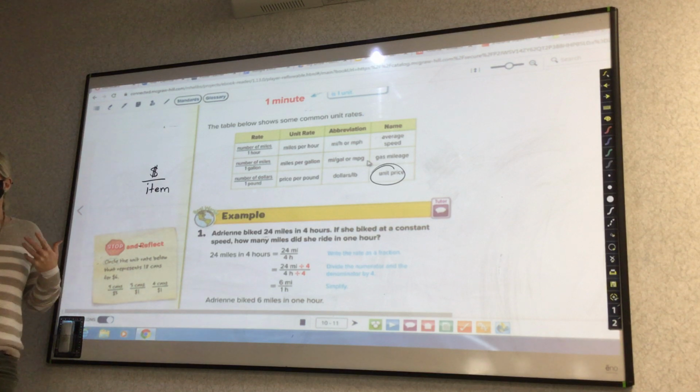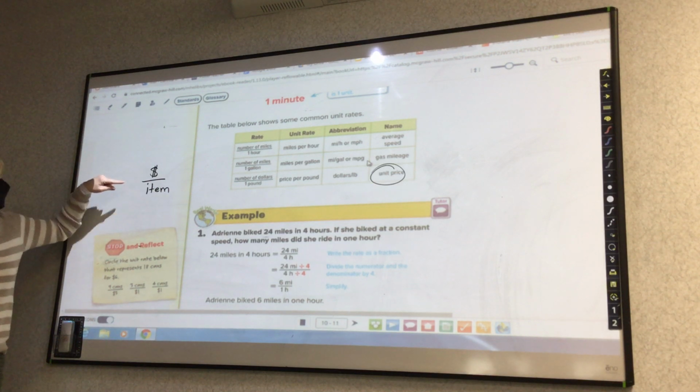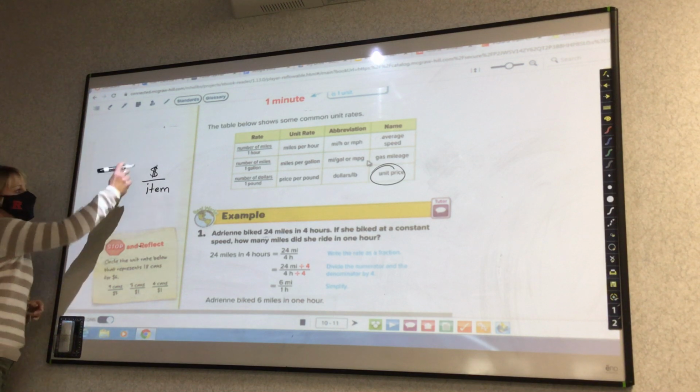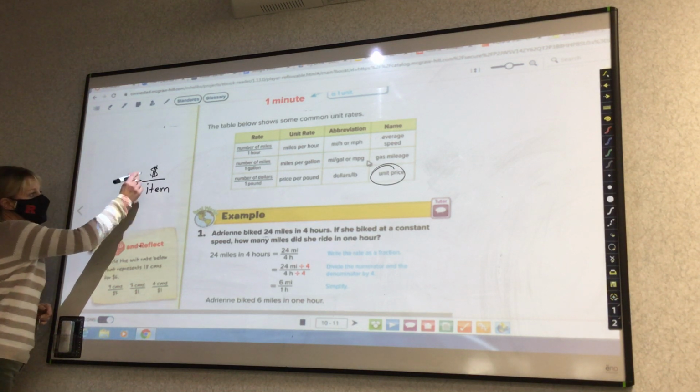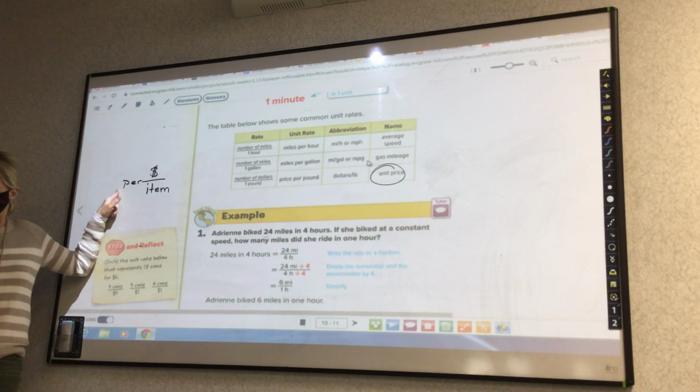Like there's 12 apples in a bag. The bag costs $2.99. How much is it per apple? My apple would be on the bottom. Anytime I see this line or hear the word per, it's $1 per item. Add the per.